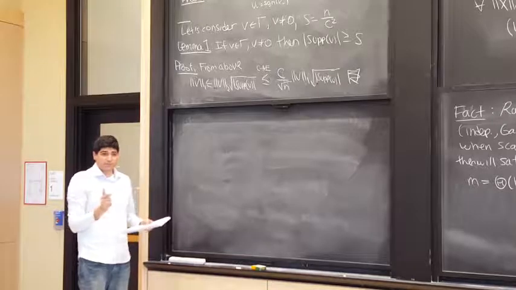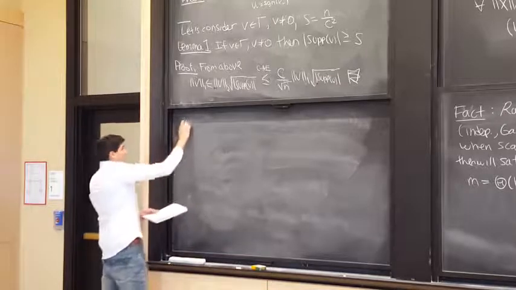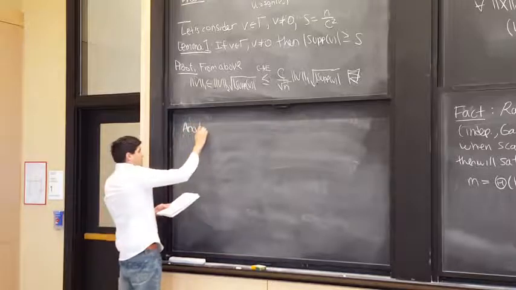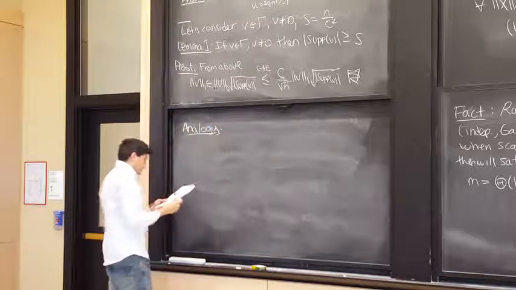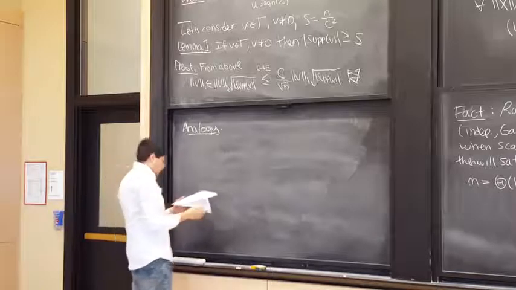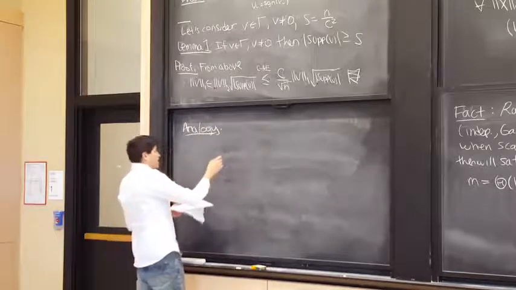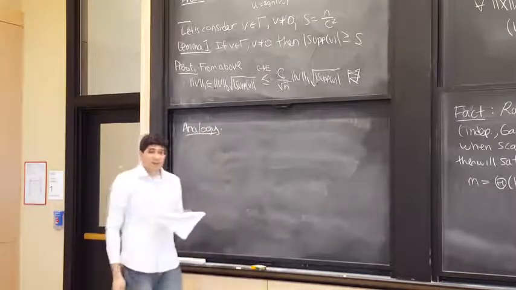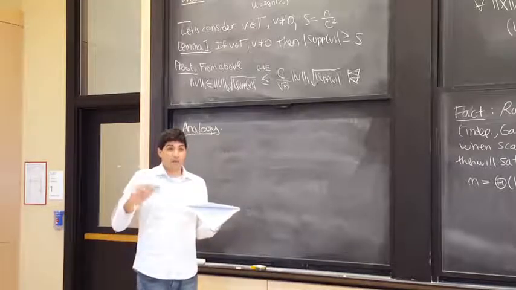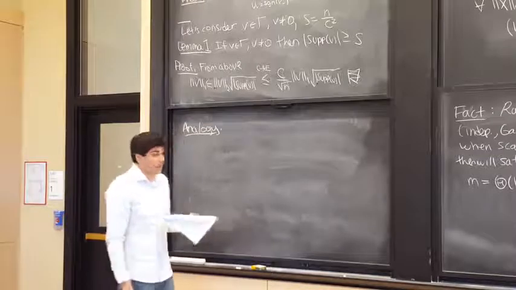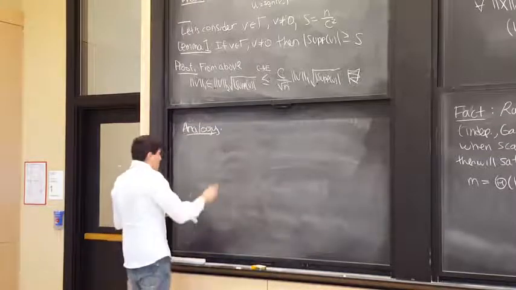Are there any questions about it? Good. So let me tell you a little bit of an analog. This is not really meant as a precise statement, but just for those of you who do know a little bit of linear error correcting codes, you can actually say that these things like almost Euclidean subspaces are almost like a real analog of what linear error correcting codes are over things like GF2.